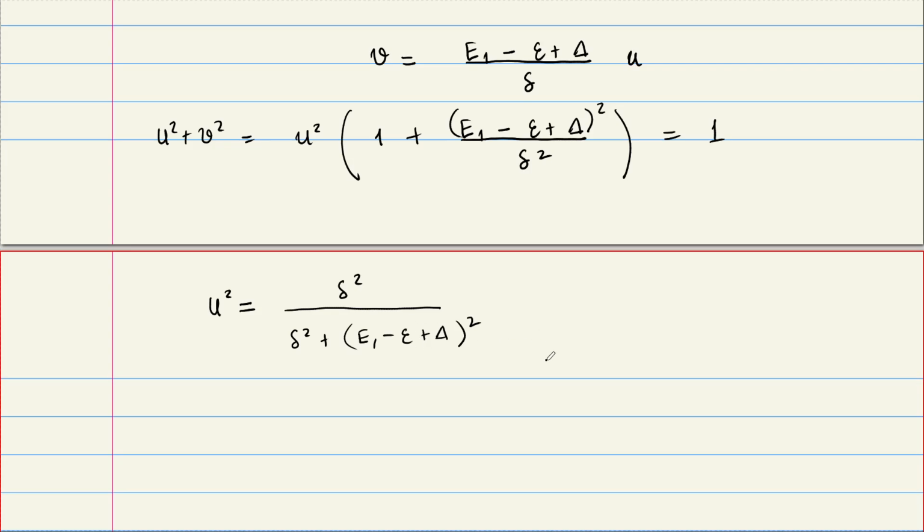So this denominator, I want to write it as E1 minus epsilon squared plus delta squared plus 2 delta times E1 minus epsilon. And lastly, I need to write delta squared.